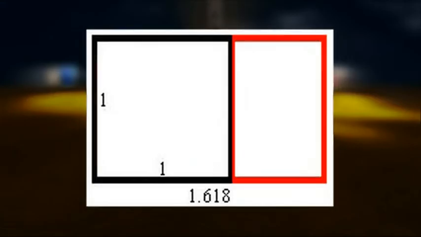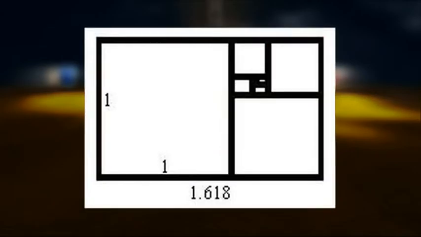Okay, so you can make it into a square, and what is left behind is a red box, and that is another golden rectangle or divine rectangle. What you can then do is you can carry on with multiple golden rectangles, dividing them again. So you can divide each rectangle again and again and again.